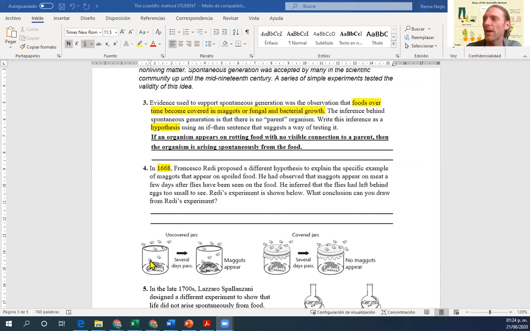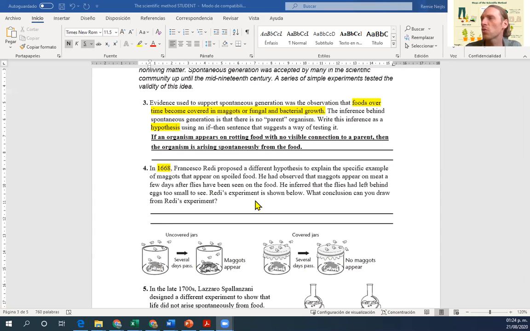So the fact of leaving the jar open or covering it, that's the independent variable, because this is what you do different in the experiment. What is the dependent variable? What are you going to measure? Vera, Sofia? The maggots. The maggots, okay. Very good. So what you're going to measure is, in this situation, you get maggots, and here you don't get maggots, okay?